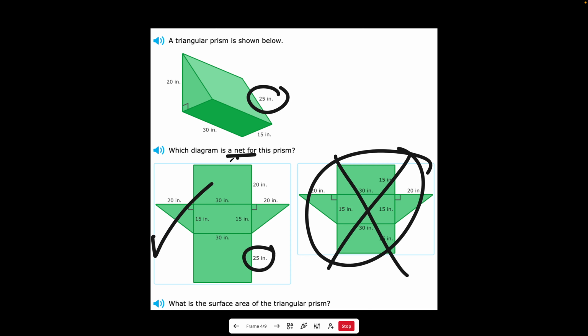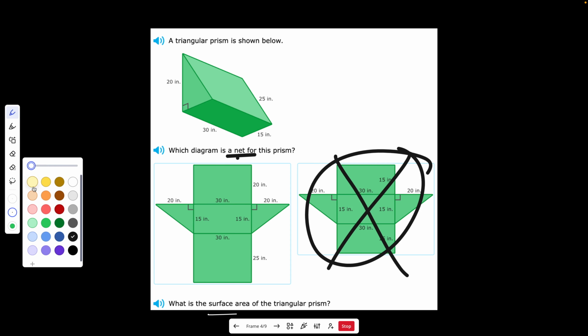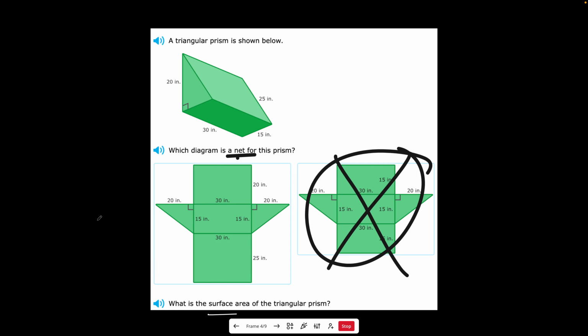All right, and the new thing for today, at the bottom, it says, what is the surface area of the triangular prism? So surface area just means that you're finding the area of each individual side. We have the net right here.